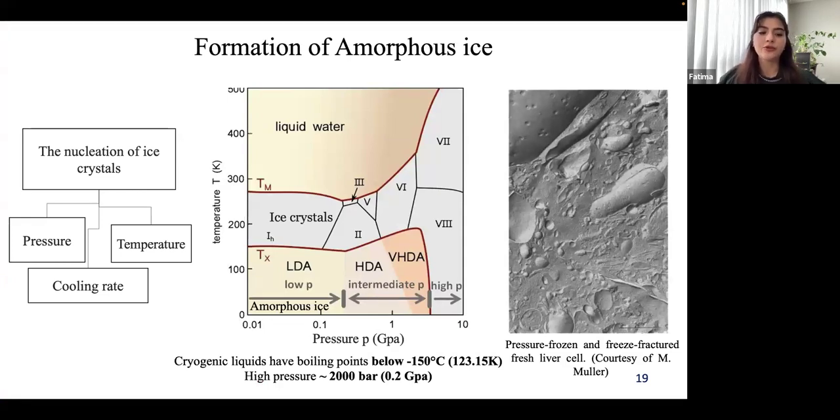We have to use three things all together: low temperature, around -150 centigrade, high pressure, around 2000 bar, and very fast freezing. As you can see from this chart, we are in the amorphous ice region, and this amorphous ice helps us to see the structure of our macromolecules vividly and clearly. And the last picture shows the freeze-fresh liver cell.